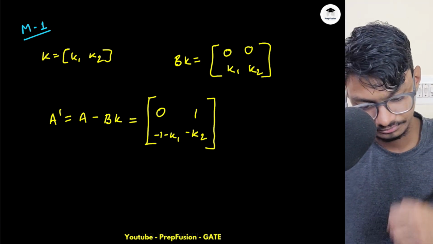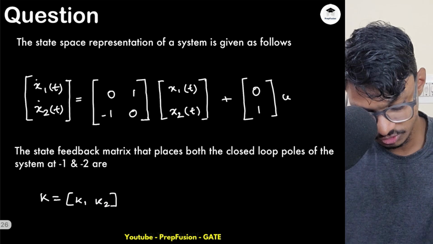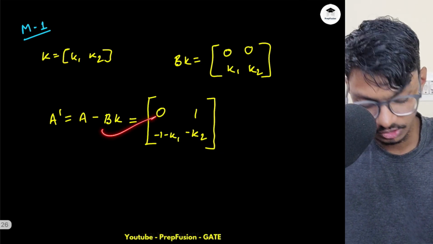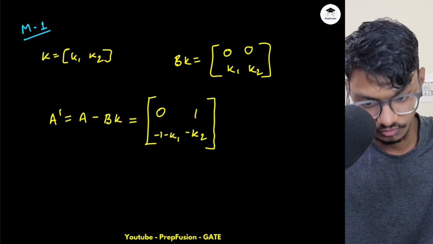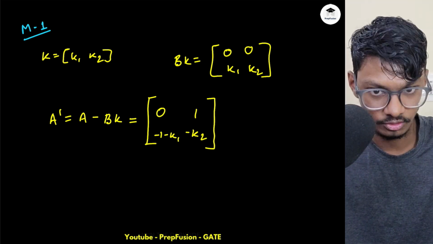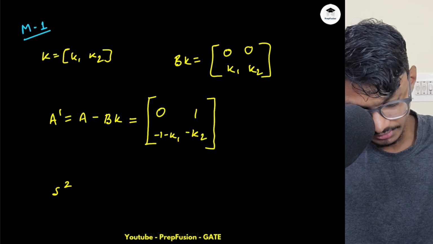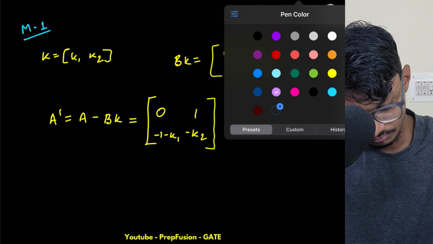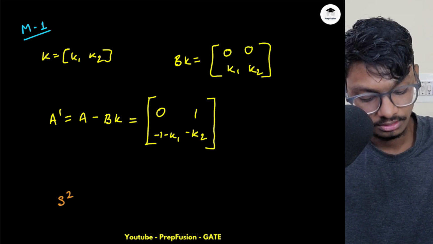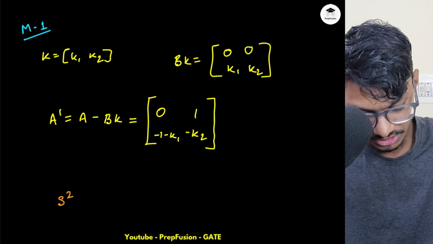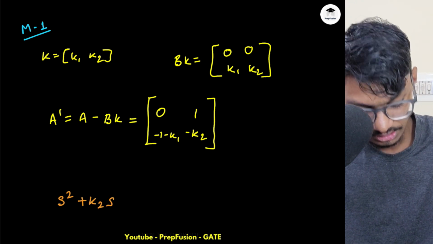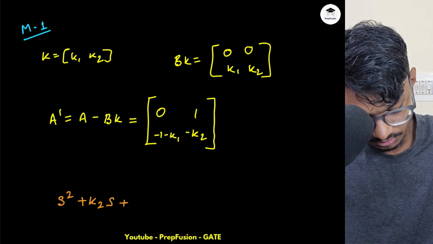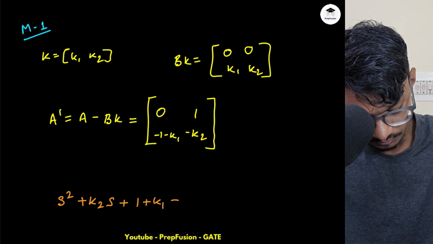What is the thing they have asked us? They have asked us to place the poles at -1 and -2. So what is the characteristic equation for this? For a second order system, I can directly write that it is S square minus trace of A, which is plus K2 S, plus determinant of A, which is 1 plus K1, equals 0.